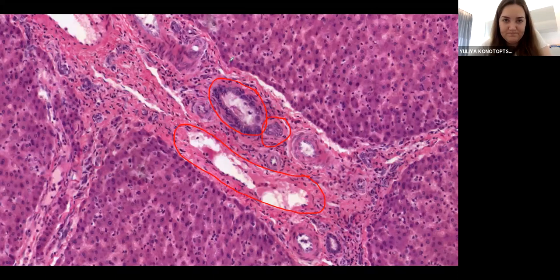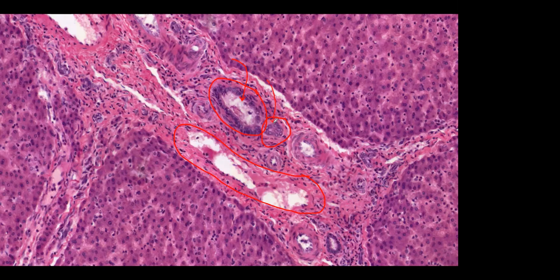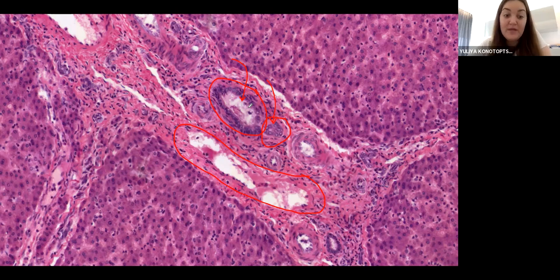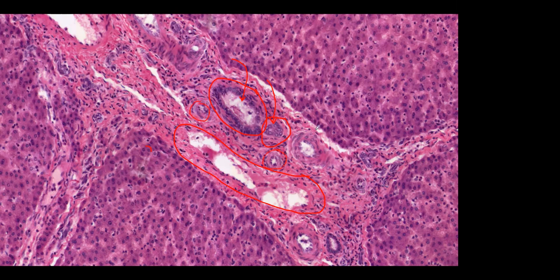Your turn. What are these? Bile ductules. I'll show you a duct. This is not a duct. They're so tiny. Look, hepatocytes are still visible, so it cannot be a duct. What about these ones? Hepatic arterioles.